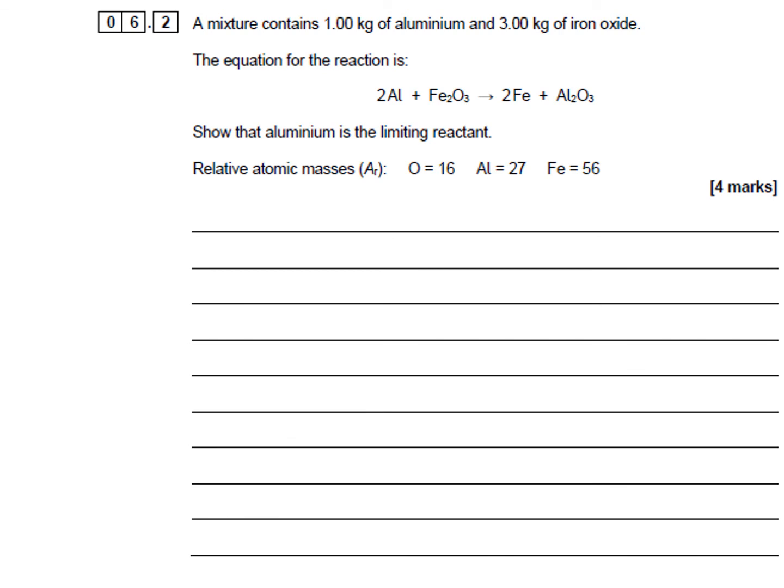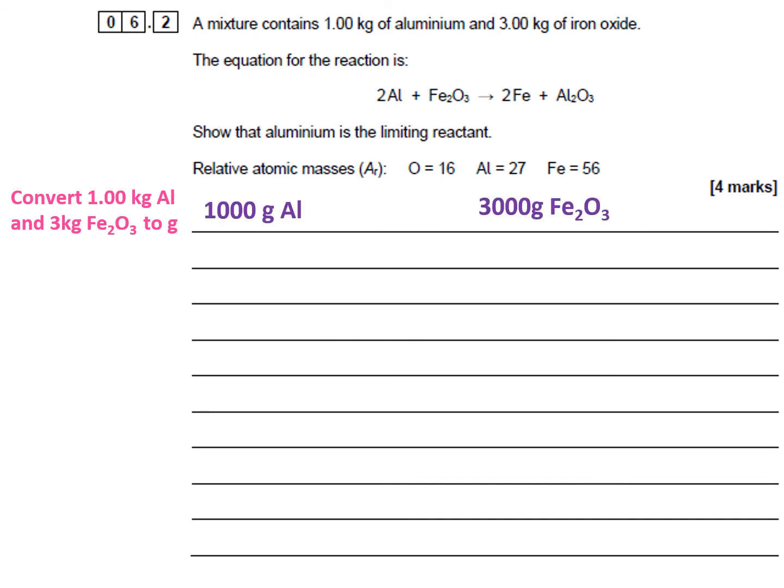First bit of quantitative work now, looking at calculations. So notice we have a balanced equation, and we have 1 kilogram of aluminium and 3 kilograms of iron oxide. In order to show the limiting reactants, we've got to convert from masses into moles and use our mole ratio. There are different ways of doing this, but first of all, get your units right.